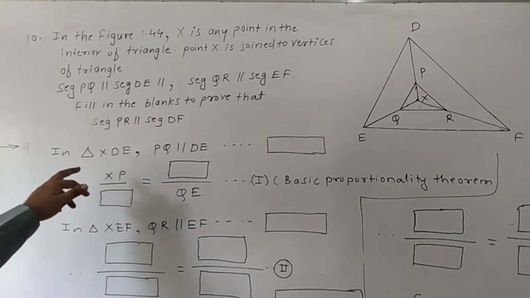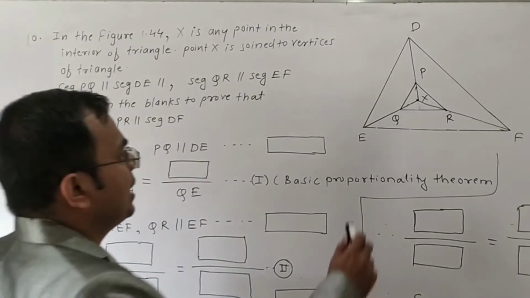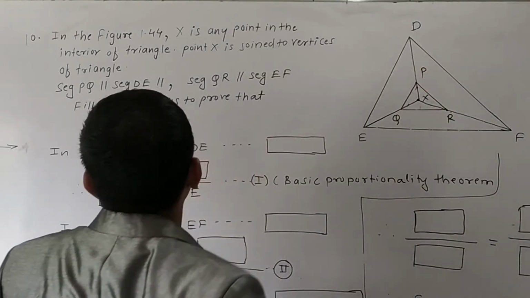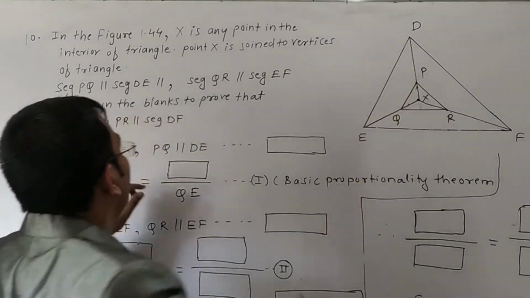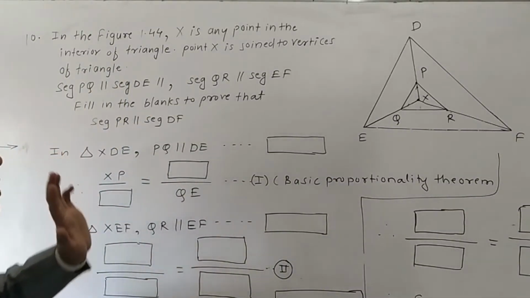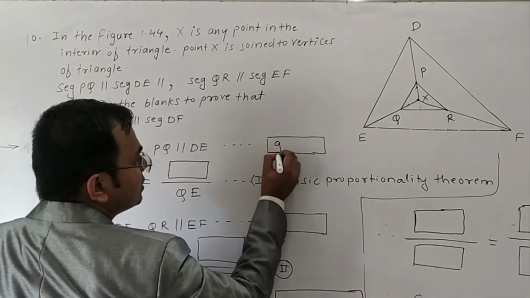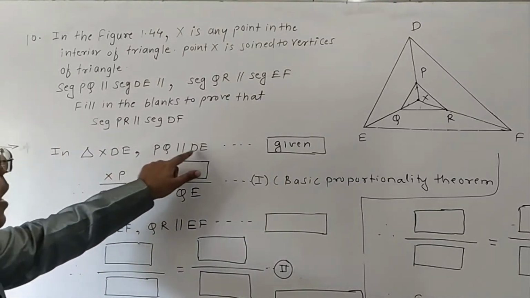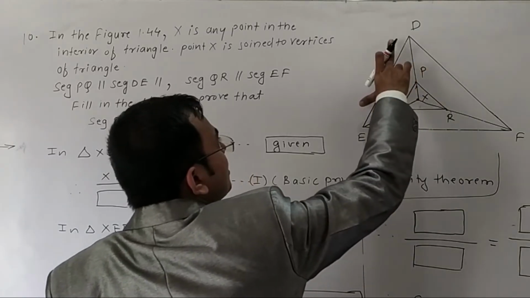So some points are already given to us. In triangle XDE, we already have PQ parallel to DE, which is given to us. So we write down here: given. So in triangle XDE, PQ parallel to DE is given.